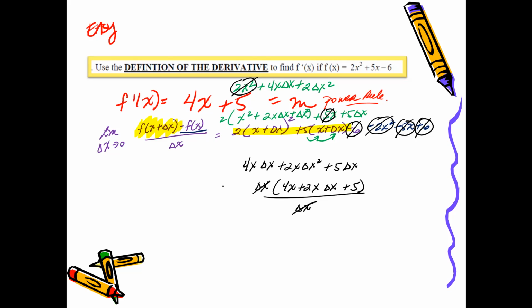Now let's go ahead and apply the limit as delta x approaches 0. The only term that has a delta x is this one right here. That becomes a 0, so 2 times 0 is going to give me a 0. So then here we have it. f prime of x is equal to 4x plus 5.